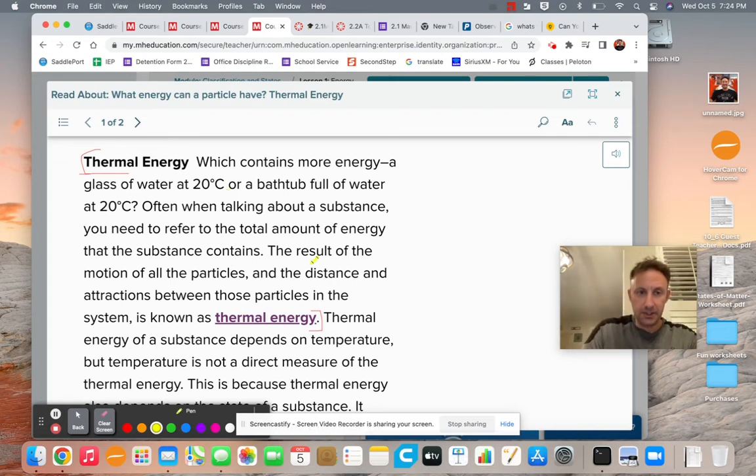But hopefully you underlined right here the result. Ooh, this yellow doesn't show up very well, so maybe I'll do pink. I love pink. The result of the motion of all particles and the distance and attractions between those particles is thermal energy.